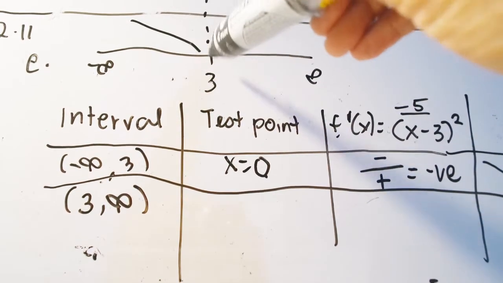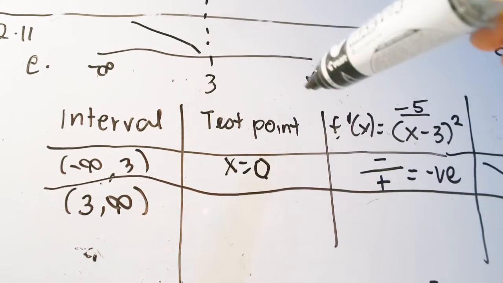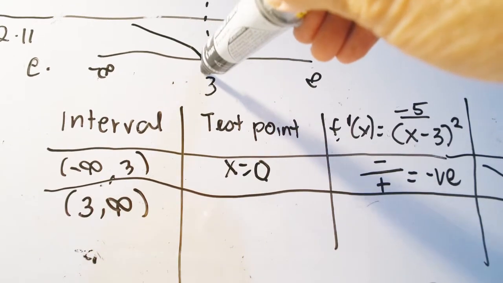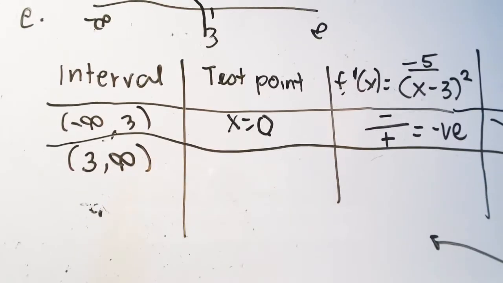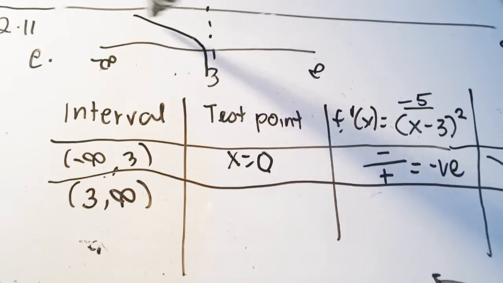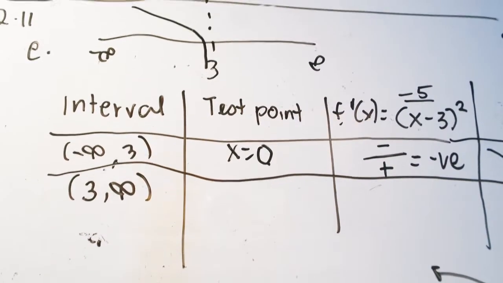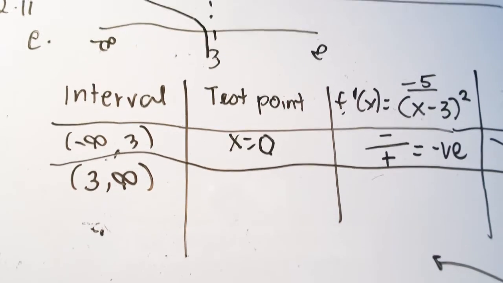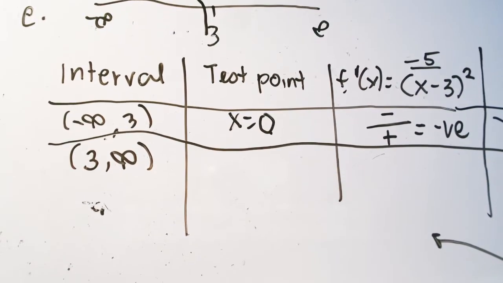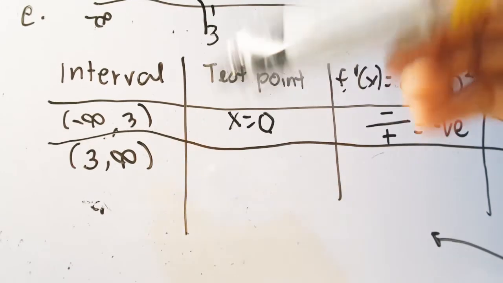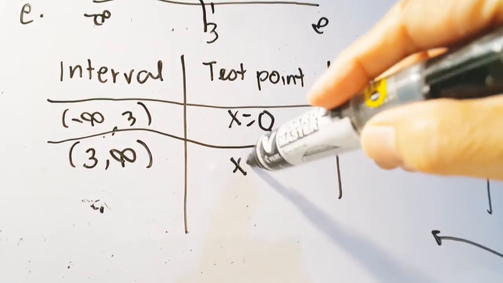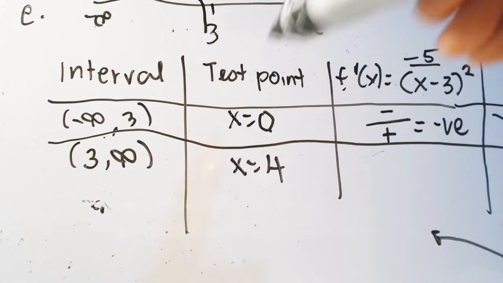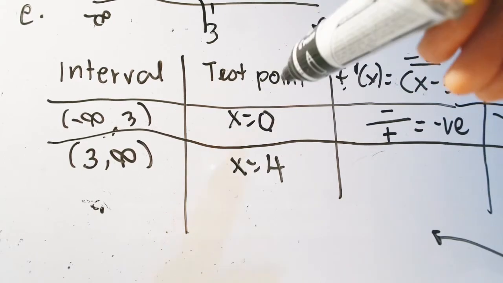And since there is an asymptote, you know that it does not cross the asymptote, so we just turn it like that a little bit. So here we can see the function is going down. And when you read a graph, you read it from the left to the right. And you can see from here, from the left to the right, the graph is going down. Then we go to the next interval. We take x equals 4. You can take 5, you can take 100, you can take 2000.